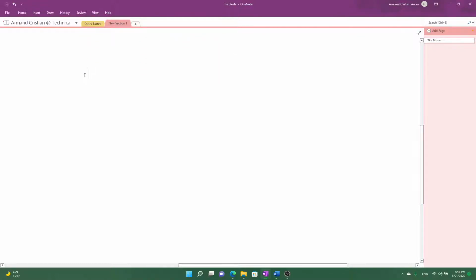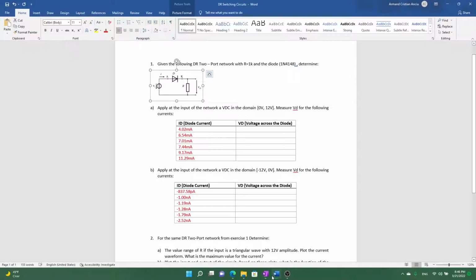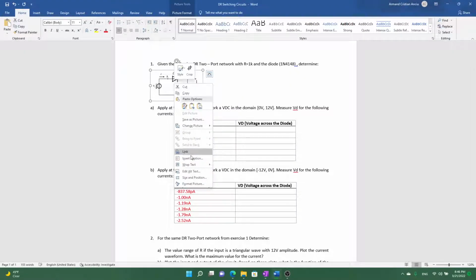So we'll write here, consider the following two-port DR network with an ideal diode. Okay, so I'll copy this image.